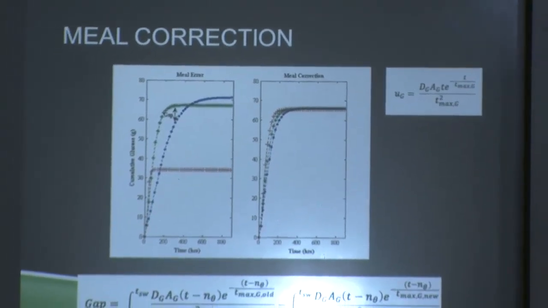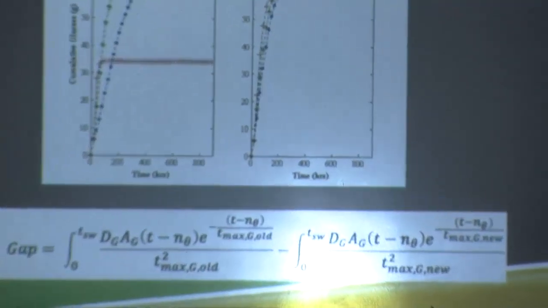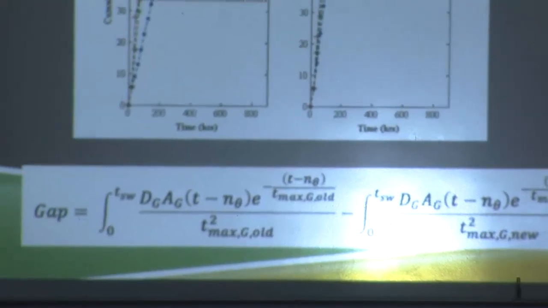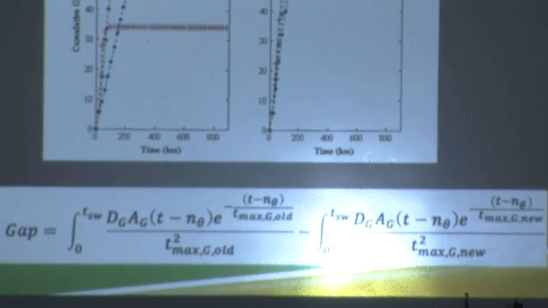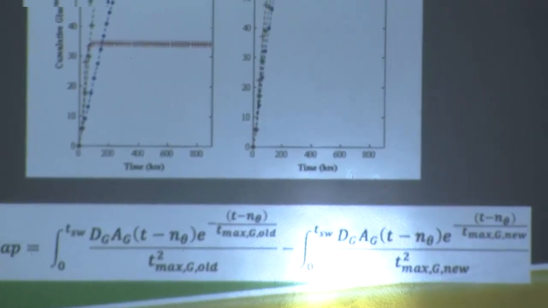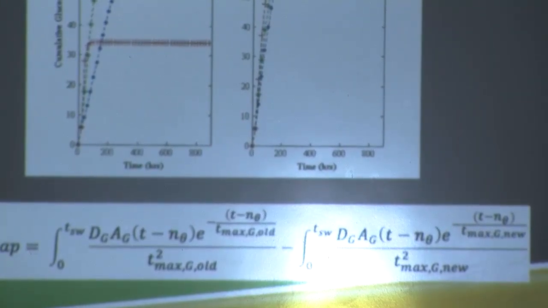When changing T-MAPG, we noticed that there was a gap that occurred during meals. To solve this, we came up with this equation, which subtracts the amount of meal absorbed with the old T-MAPG and the amount of meal absorbed with the new T-MAPG.